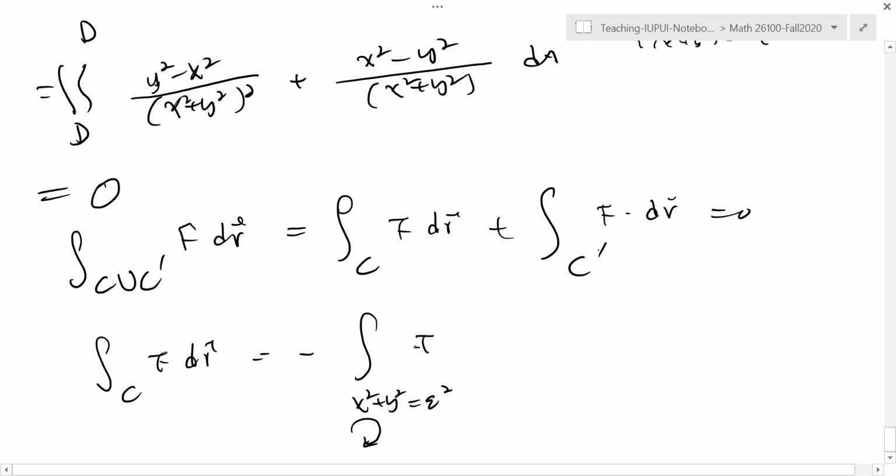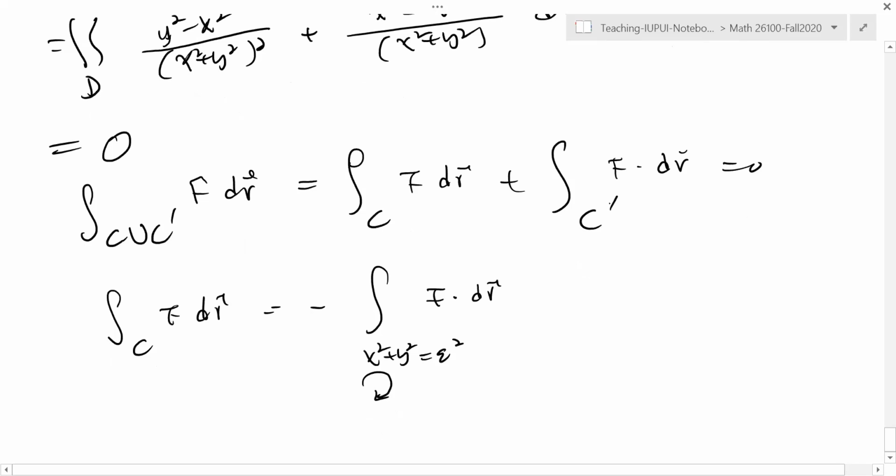And we can even evaluate this. You can choose x equals epsilon cosine theta.